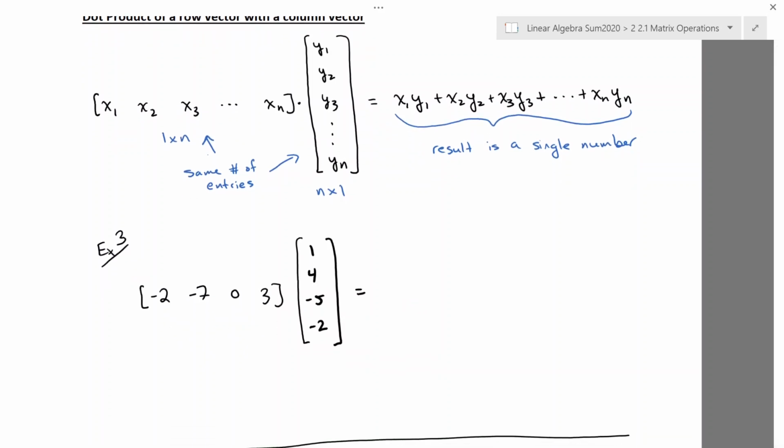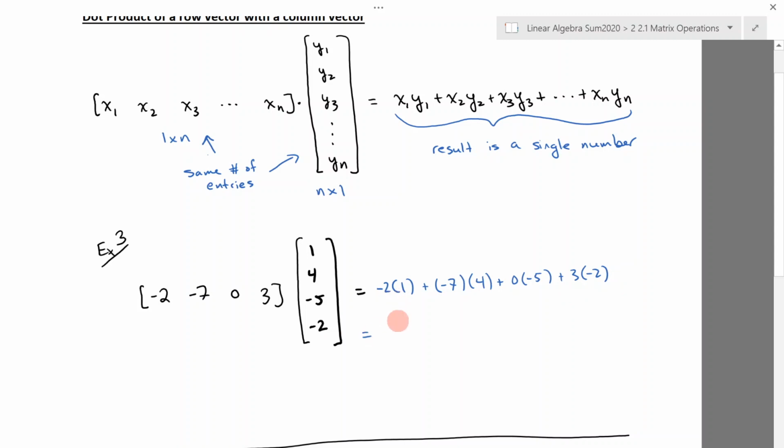Okay, so writing out the calculation, right? So again, we're multiplying the corresponding entries together. So -2 times 1, then -7 times 4, where you add it to the previous results. Then the next term is 0 times -5. Then the next term is 3 times -2.